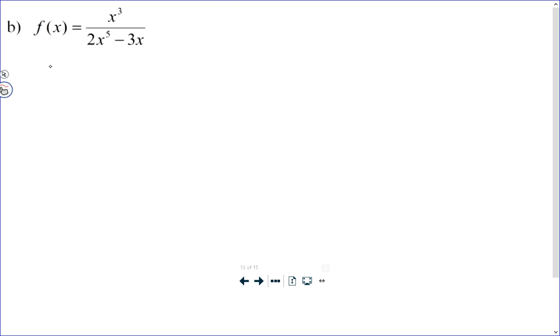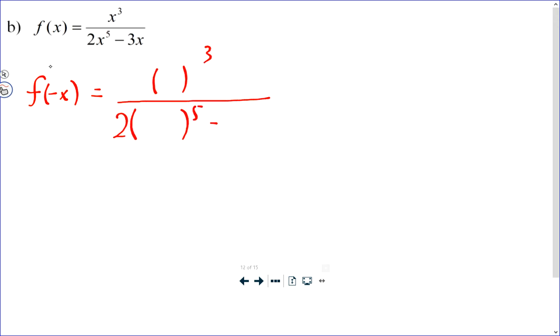All right, let's take a look at b. Ultimately, for all of these, you need to determine f of negative x, which means that in the original function, every input becomes negative x. On the top, you have negative x quantity cubed, which gives us negative x cubed.